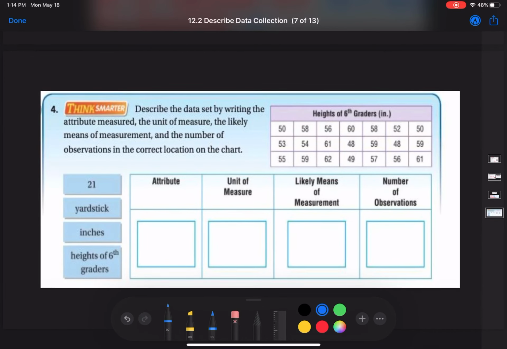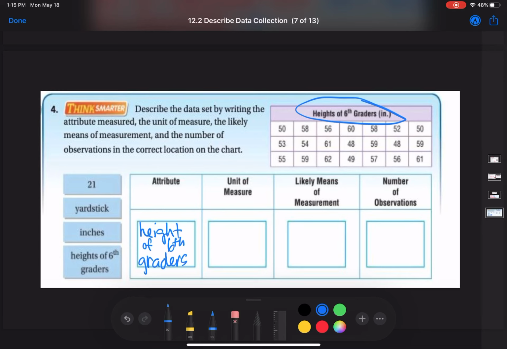Okay, here's one more. This is probably what you'll see in Think Central, something more like this, where you just click and drag. Let's start with my blue pen. Attributes. So what are they measuring? They're measuring heights, and you can just look at the title. A lot of times the title gives you the attribute. So height of 6th graders.